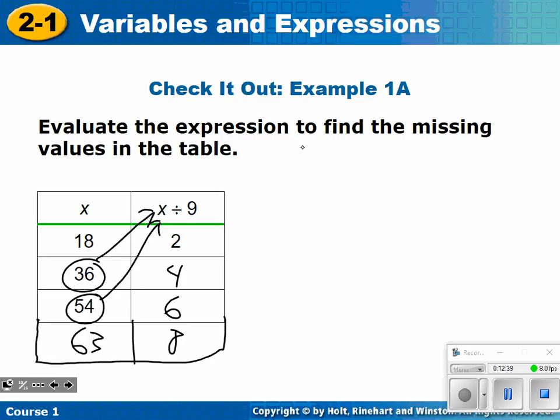We are not looking for patterns. You have to plug this in. You have to take this 63, and if you plug 63 in there, 63 divided by 9 is 7. Okay? Do not try and look for a shortcut, or you will be sad because you will end up making a mistake. Do you understand me?